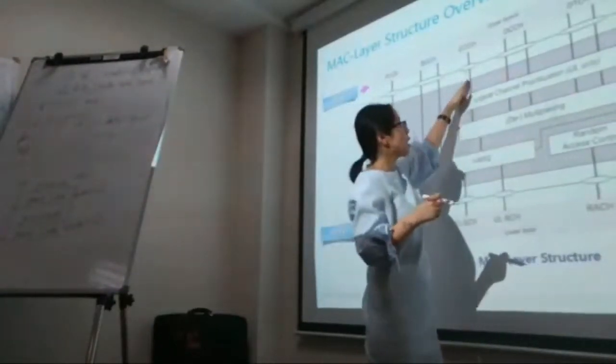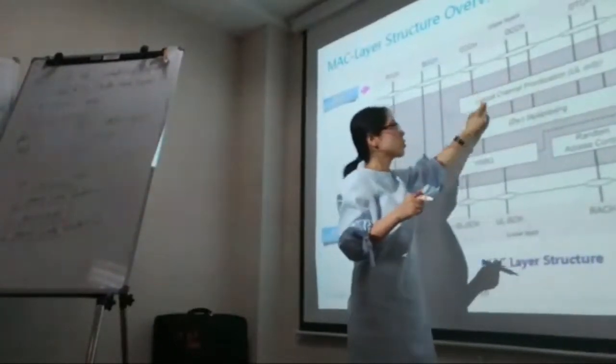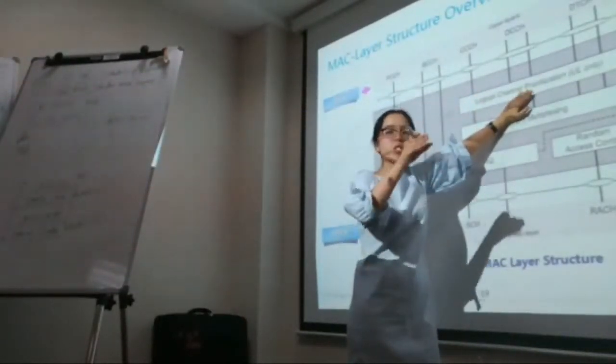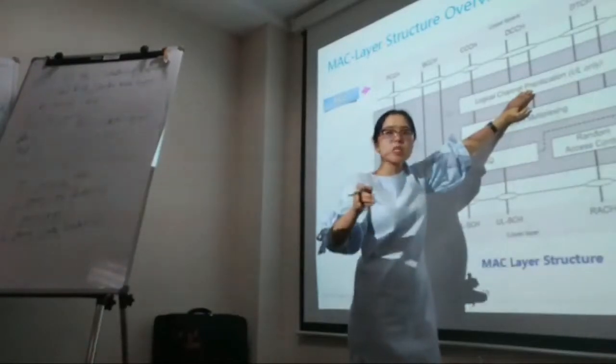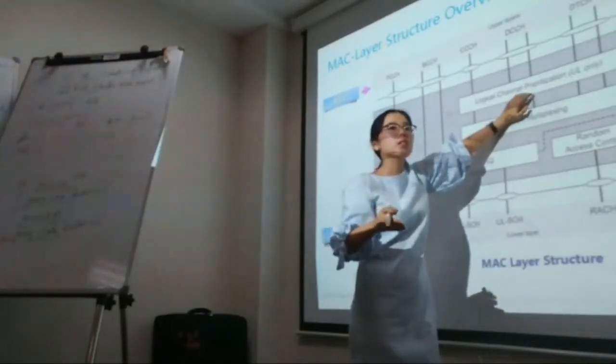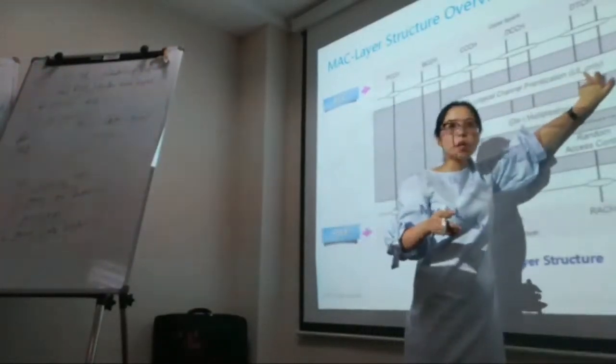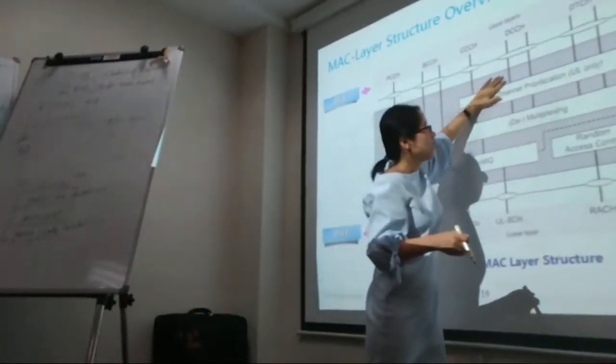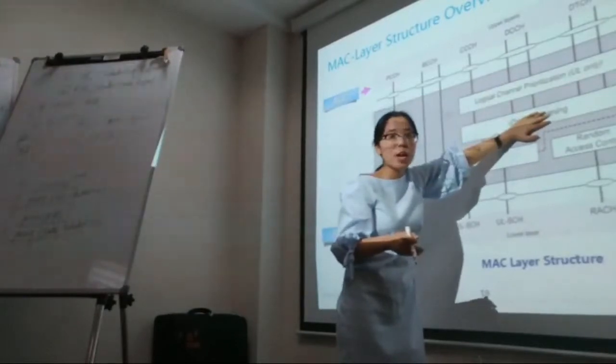It will first perform the logical channel prioritization. That means which logical channel I will transmit first. So this is uplink only. For downlink, it will go to the multiplexing directly.